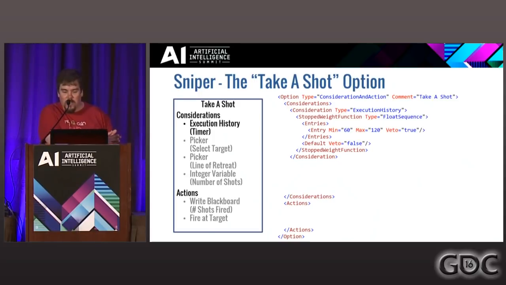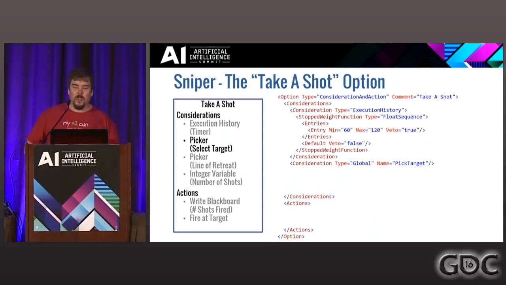Say it's less than 73 seconds, then the wait values that I'm going to return are to set veto to true. And veto just says, I don't care what any other consideration says, you cannot do this right now, right? It's an absolute veto. Otherwise, if it's over 73 seconds, then we're going to set veto to false, which is effectively a no-op. It says, you know what, I don't care, right? Ask the other considerations, do it if you want, it's up to you.